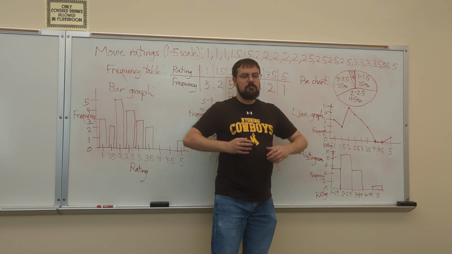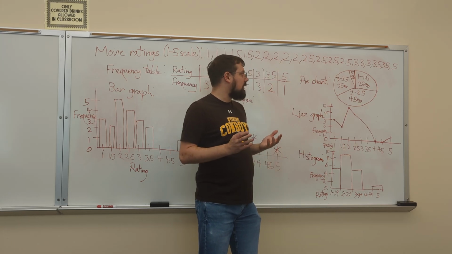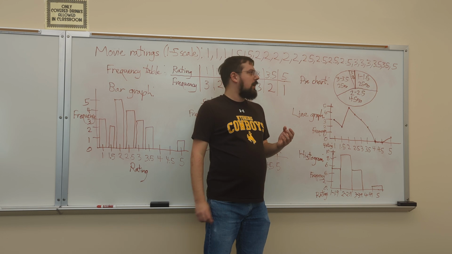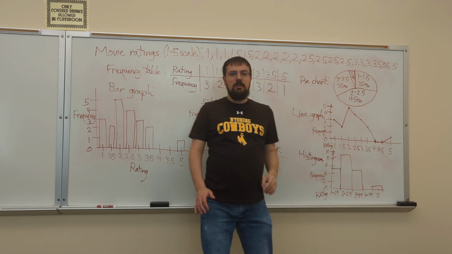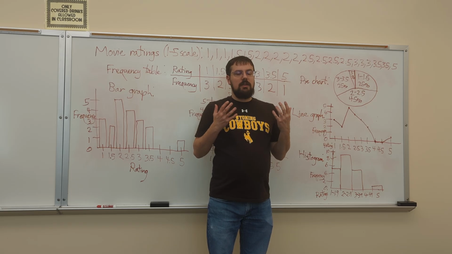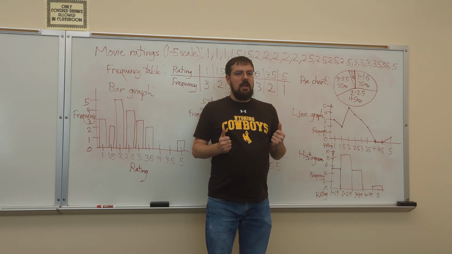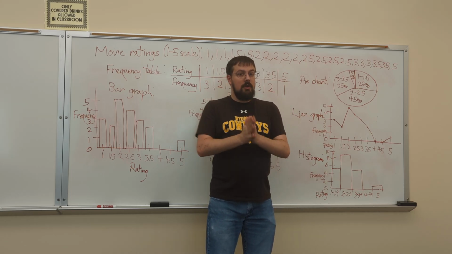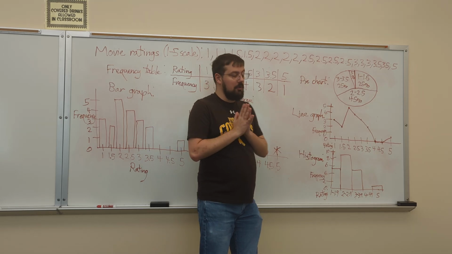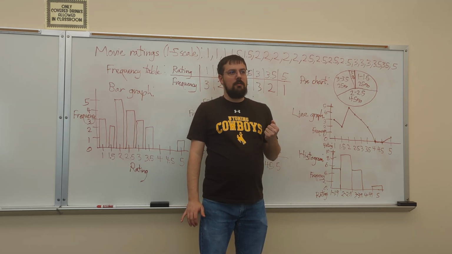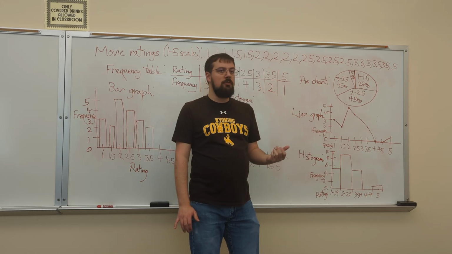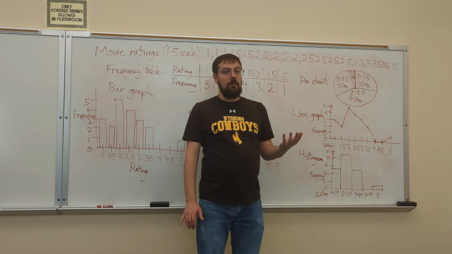Now, when we have something like this, where we are making categories based on numerical values, we refer to these as class intervals. And what we're doing by making these class intervals is we are taking a numerical variable and we are turning it into a categorical variable.